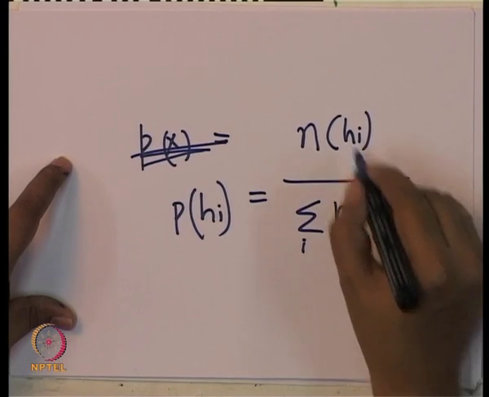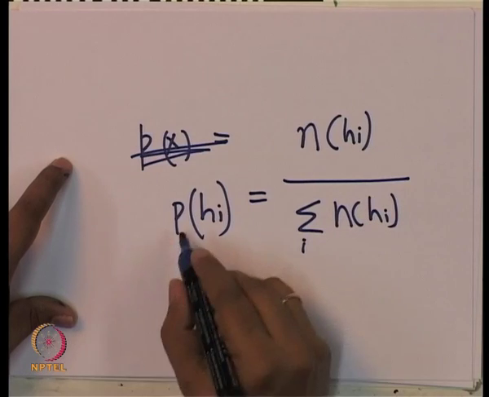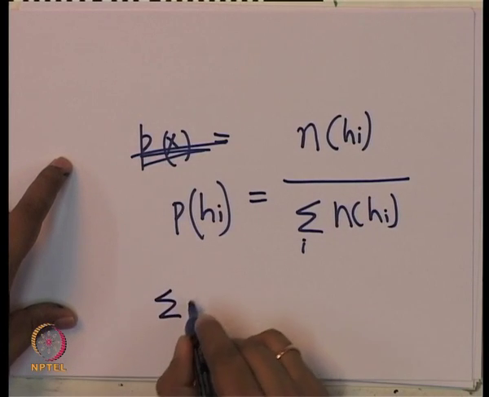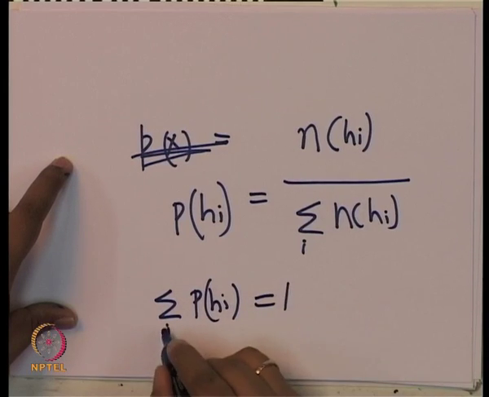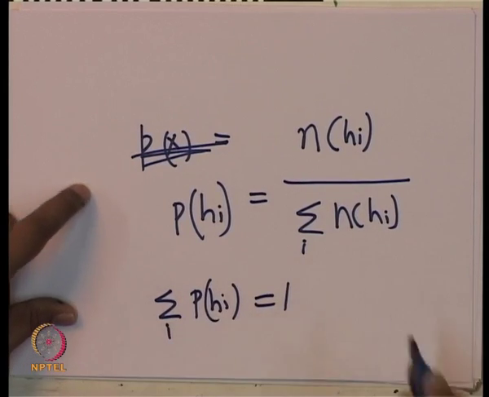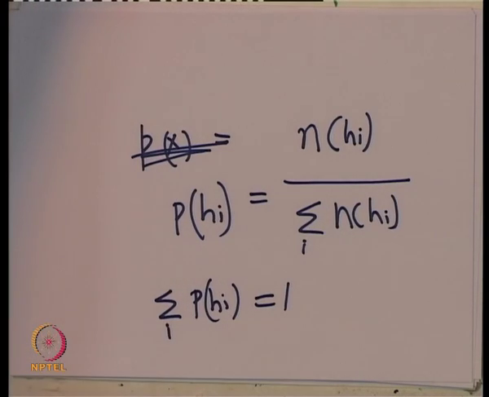So, now if you do sum over i of P of h i, this has to be 1. So, total probability always has to be 1.